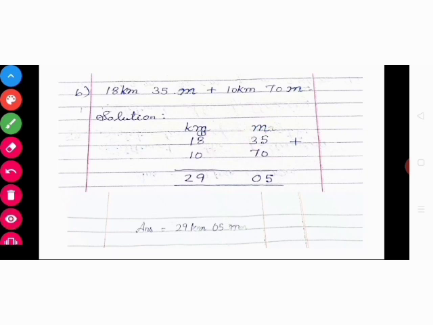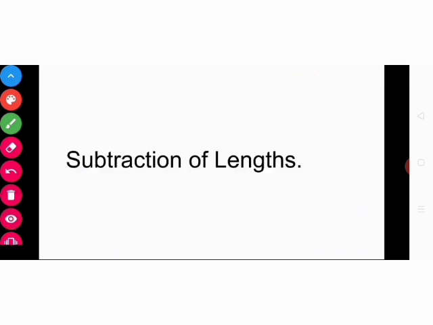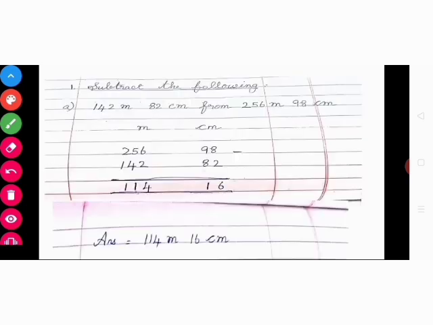And then look, another topic, subtraction of lengths. What is the sum? 142 meter 82 centimeter from 256 meter 98 centimeter is given. First you want to write this number 256 meter 98 centimeter.